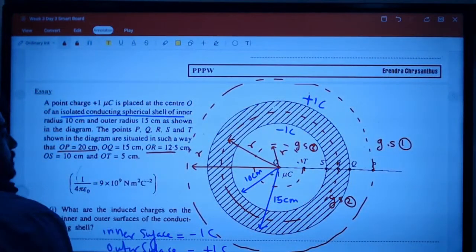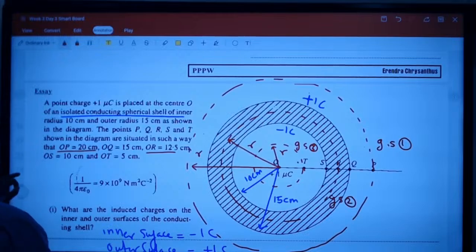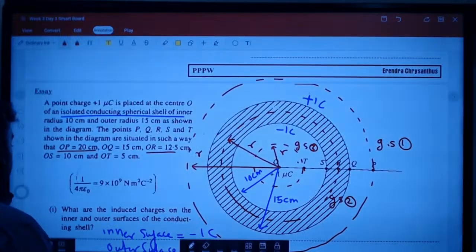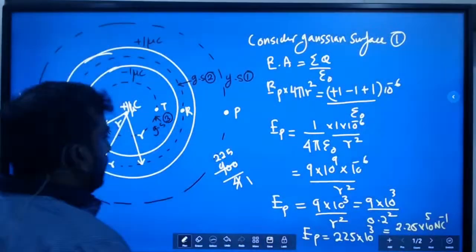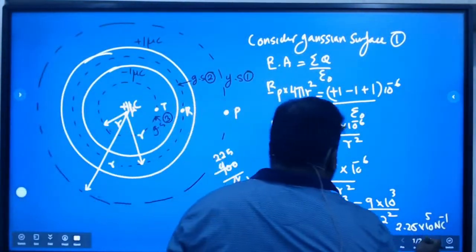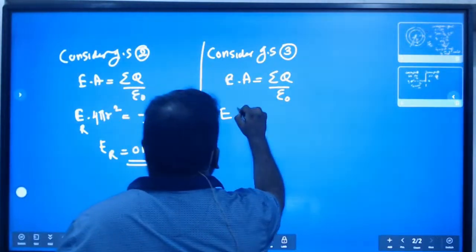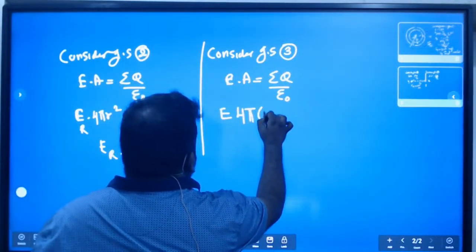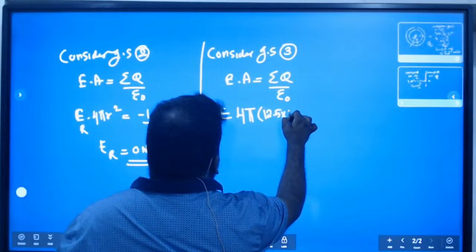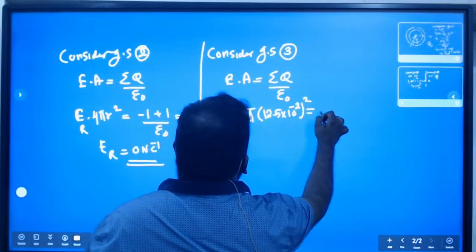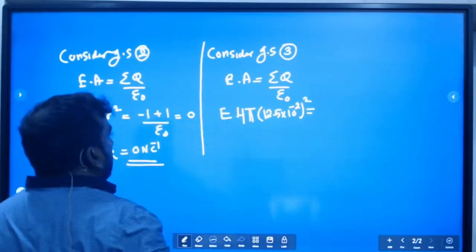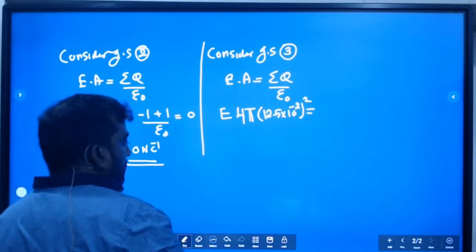OR is 12.5. 4 pi, 12.5 centimeters converted to meters squared. Sorry.